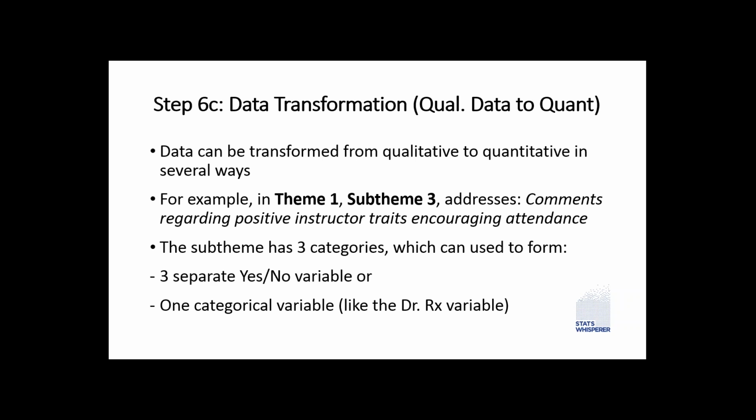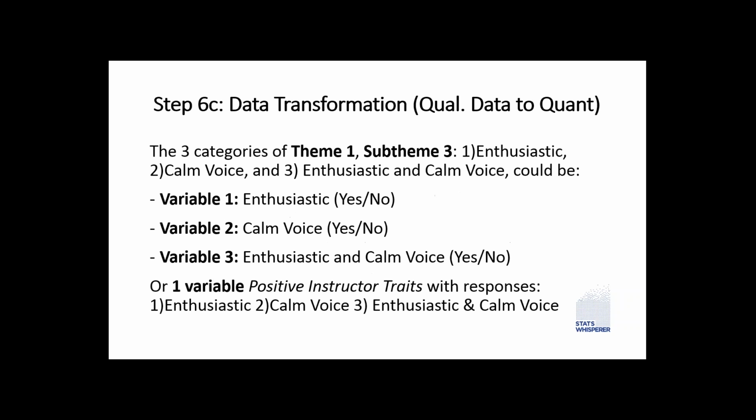We could make this one main categorical variable, where they indicated 1, 2, or 3 of the traits, or they could be separate yes/no variables. So they could be separate, as in variable 1, the resident indicated being enthusiastic was a positive trait that got them to class, yes/no.